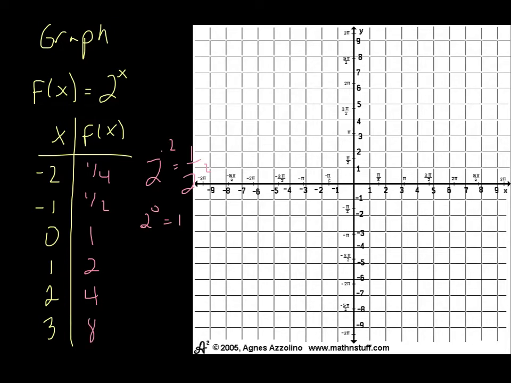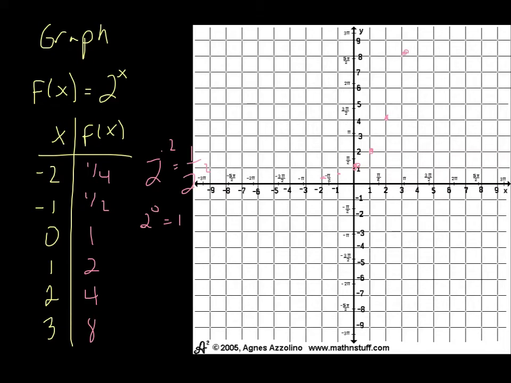So if we plot some of those points, negative 2, 1/4, maybe down in here somewhere, negative 1 and 1/2, just a little bit higher, 0, 1, 1, 2, then 2, 4. Notice how fast the graph is increasing. At 3, I'm all the way up to 8.